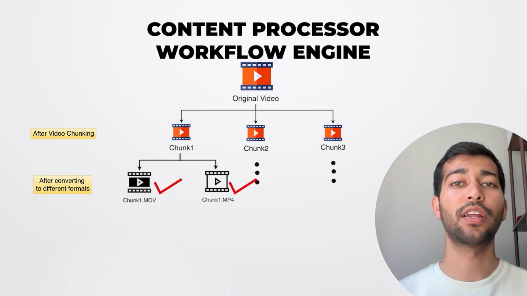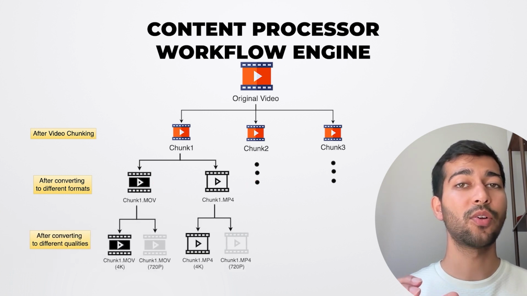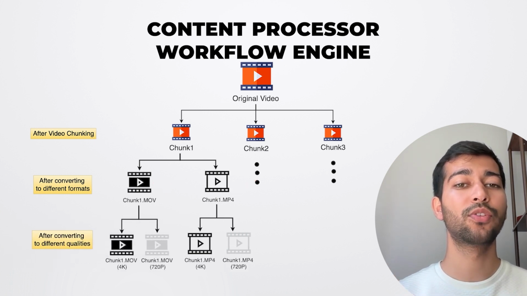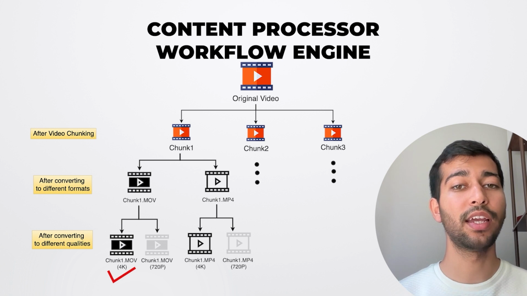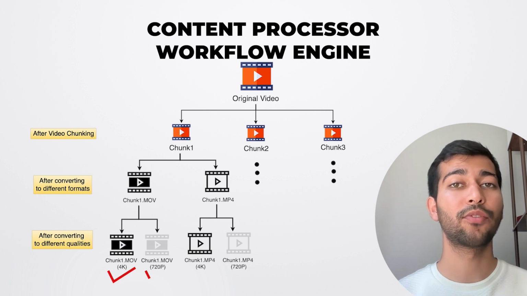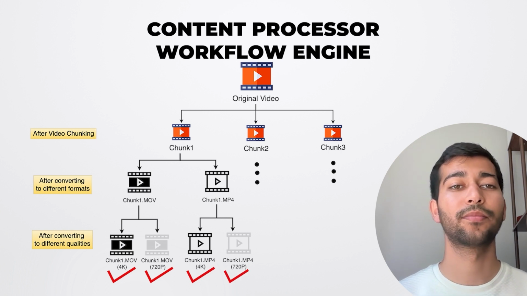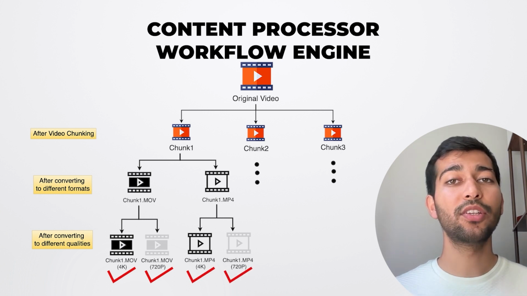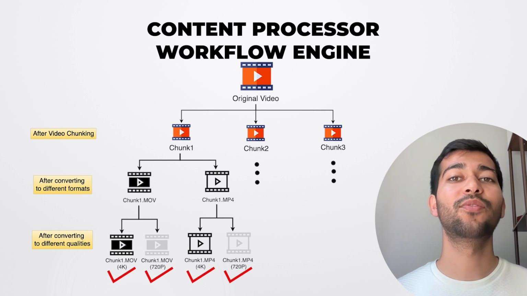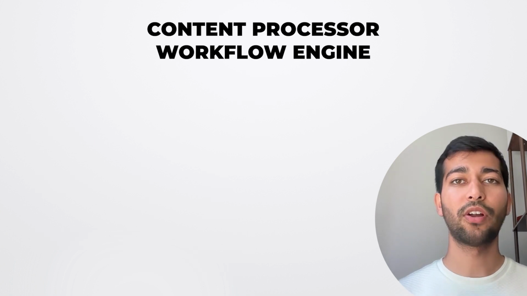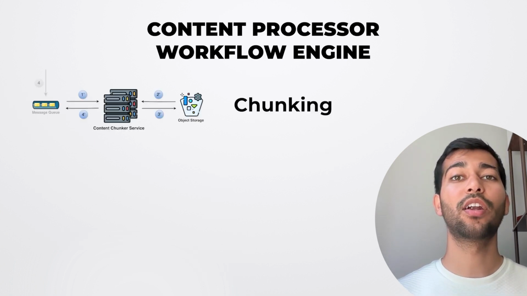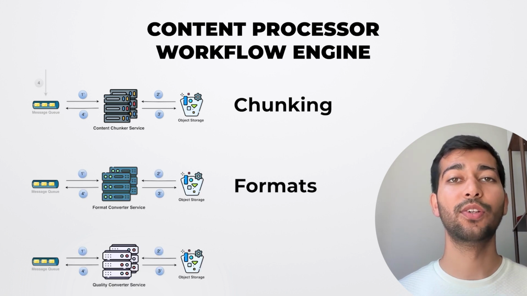And after converting to different qualities, that chunk1.mov got converted into chunk1.mov in 4K and chunk1.mov in 720p and others. And very similarly for other chunks as well. And in the end, we'll have a bunch of different video files with different formats and resolutions. So until now we are done with chunking and converting into different formats and resolutions.